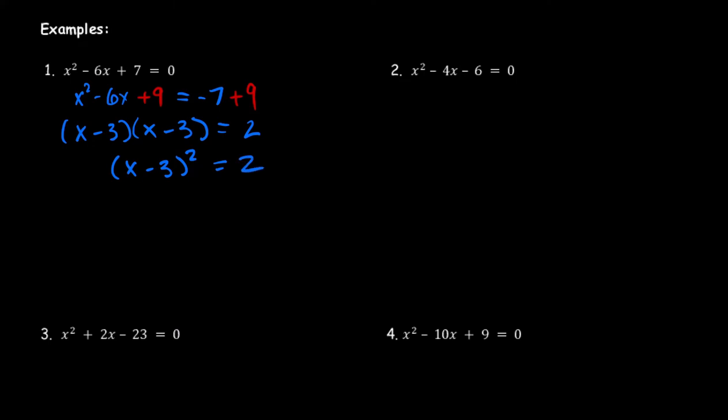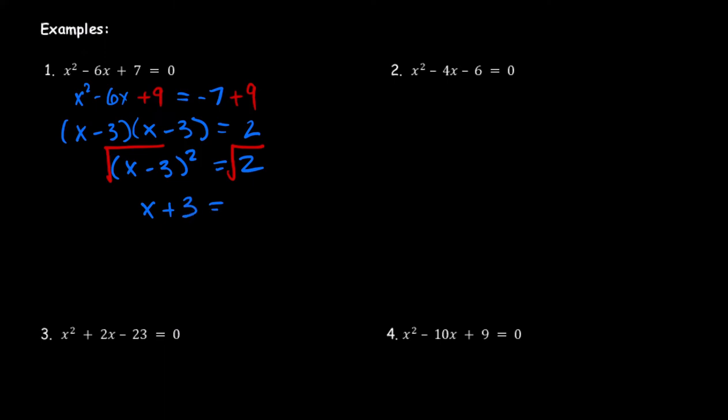And this will always work. That's the whole point of completing the square, is that when you take half of the B term and square it and then add it to both sides, you get two identical factors that can then be written as that factor squared. Now, from here on out, we use the square root method when solving. I'm going to take the square root of both sides, which will just give me an x minus 3 on the left side.